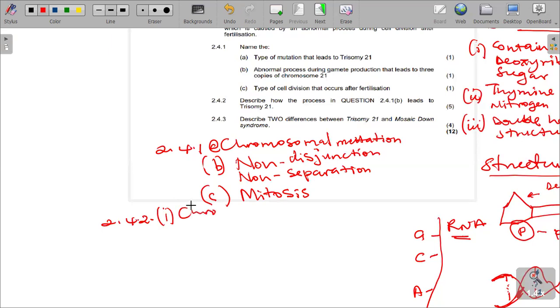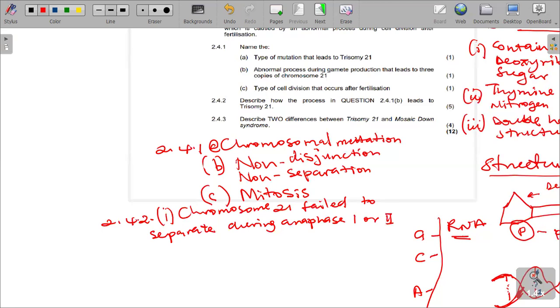Chromosome 21 failed to separate during anaphase 1 or anaphase 2, resulting in a daughter cell having an extra chromosome.